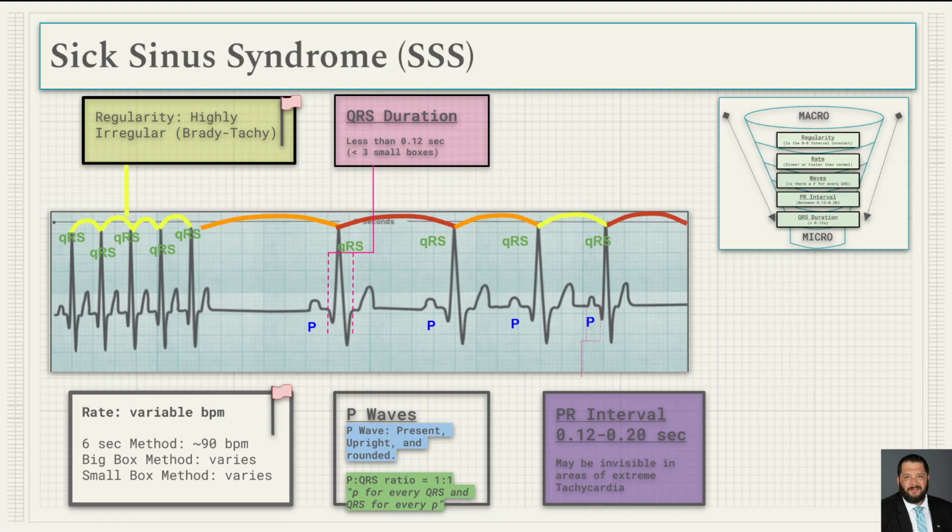Our PR interval for those complexes is between 0.12 and 0.20, and our QRS duration is less than 3 small boxes. This is the sick sinus syndrome rhythm. Highly irregular, rotating between bradycardia and tachycardia, with periods possibly of sinus arrest, and a highly variable rate.